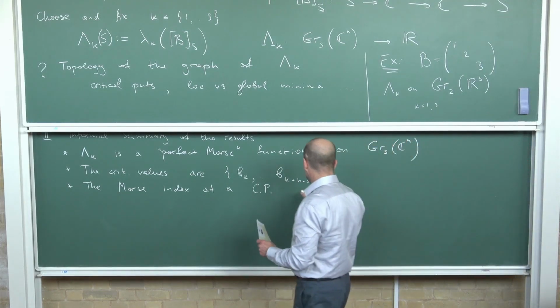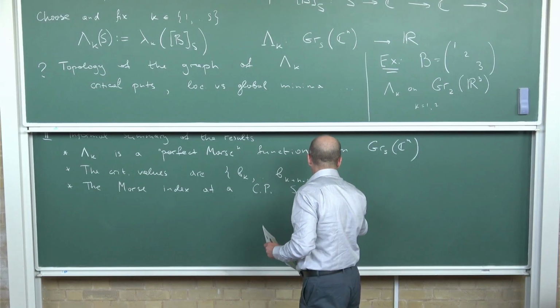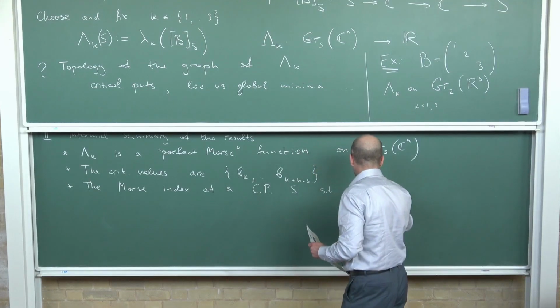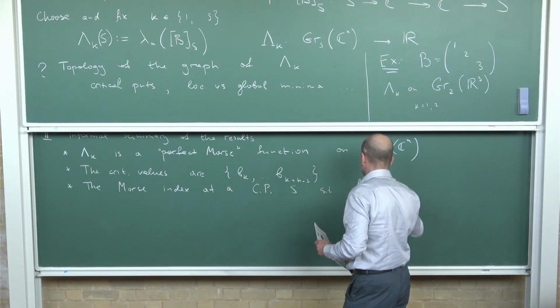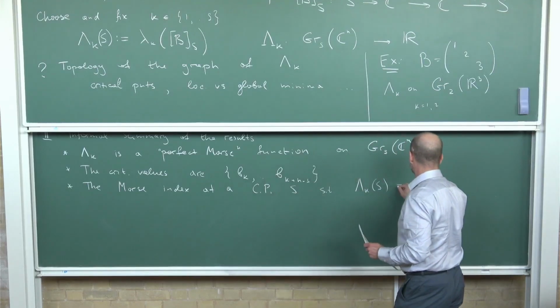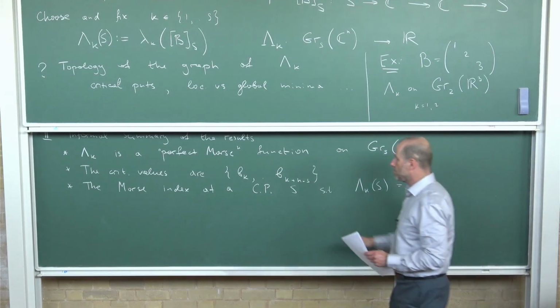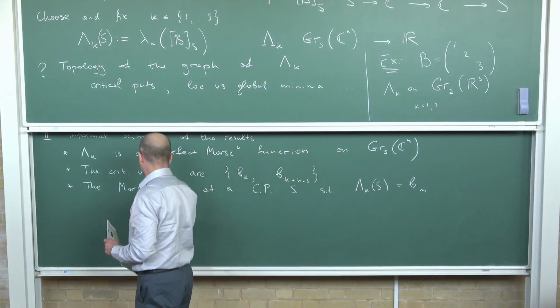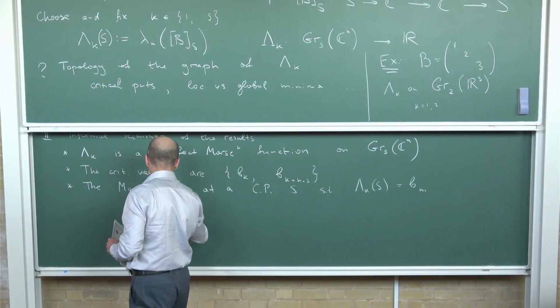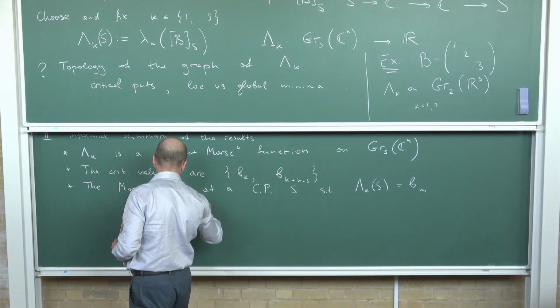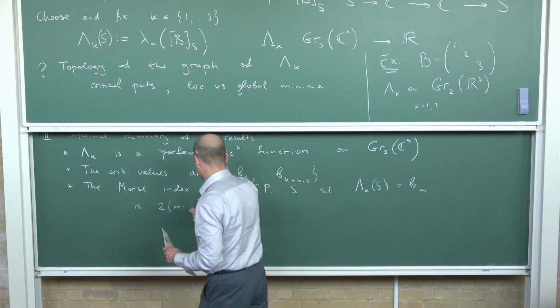So at a critical point S such that lambda k of S is one of these critical values, so it's some b_m, the Morse index is 2(m - b - k).